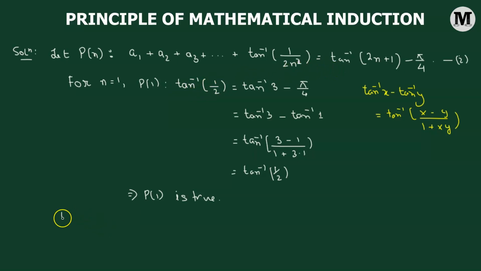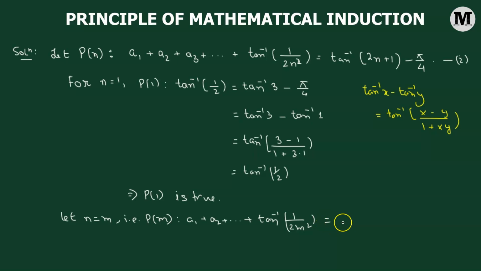So let's consider another natural number m. Let n be equal to m. In essence, what we are saying is that the statement P of m, which is such that we have a1 plus a2, the second term, going all the way up to the last term, which is tangent inverse of 1 over 2, but this time we replace n with m, so we have m squared.